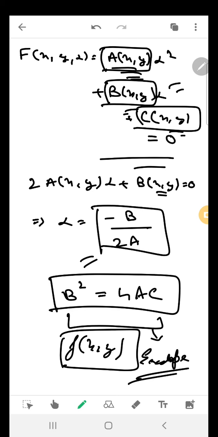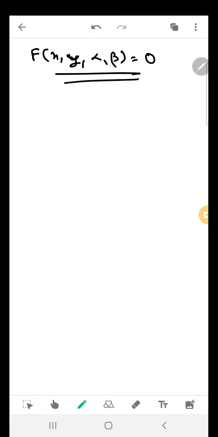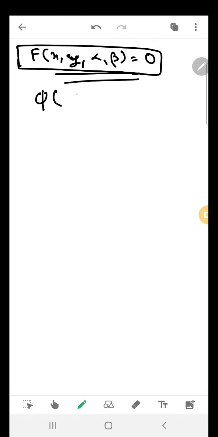Now suppose you are given a particular family of curves with two parameters. Suppose you have an equation given as f(x, y, alpha, beta) equals 0. How will you solve this problem? When you are given this sort of a family of curves, you will also be given another function of alpha and beta, phi(alpha, beta), which gives you the relation between the parameters.